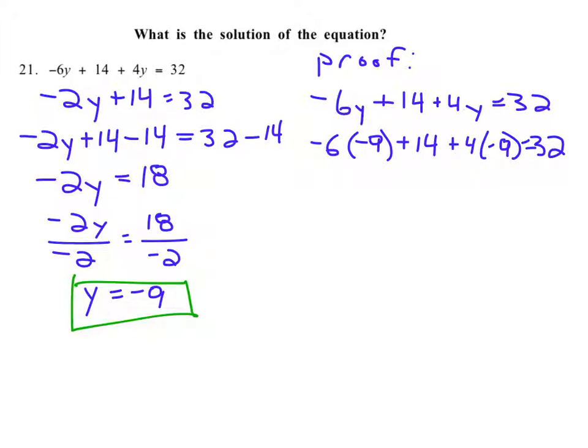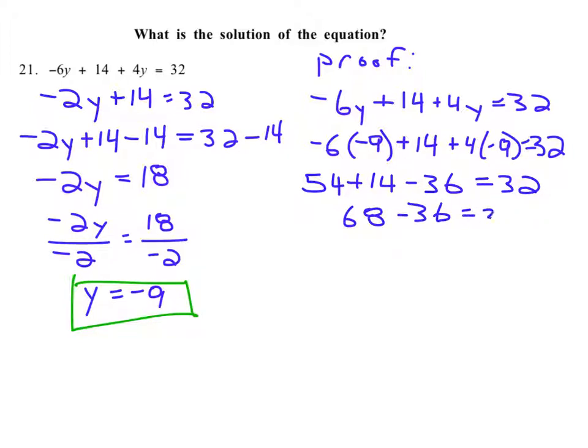Okay. And then we're going to do all the multiplication first. Negative 6 times negative 9, positive 54, plus 14. 4 times negative 9 is negative 36. And now when we get to this step, we're always moving from the left and doing this one step at a time. 54 plus 14 is 68, minus 36 equals 32.